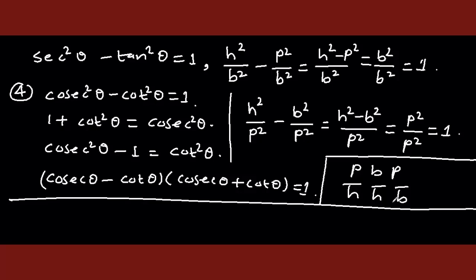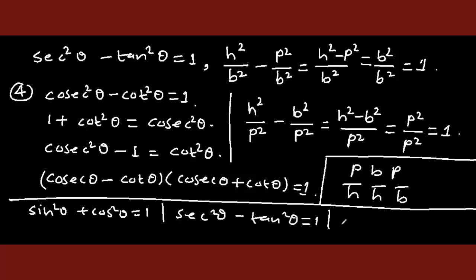Okay. Now sine square theta plus cos square theta is equal to 1. Secant square theta minus tan square theta is equal to 1. And cosec square theta minus cot square theta is equal to 1. Okay.